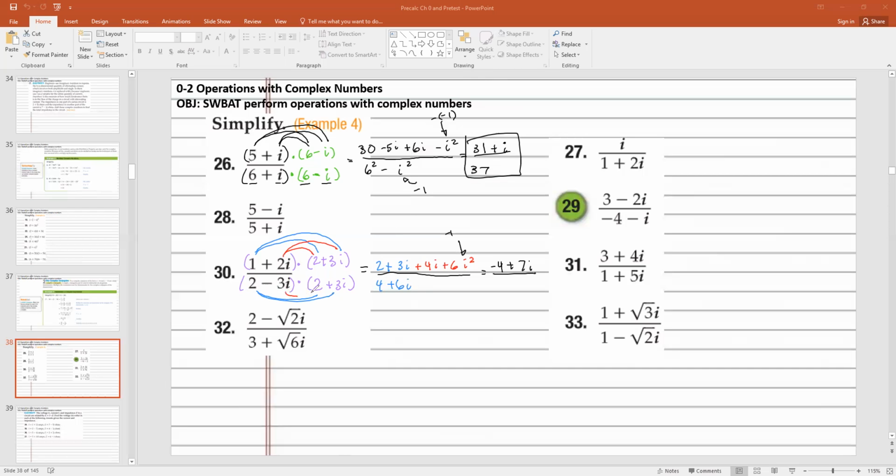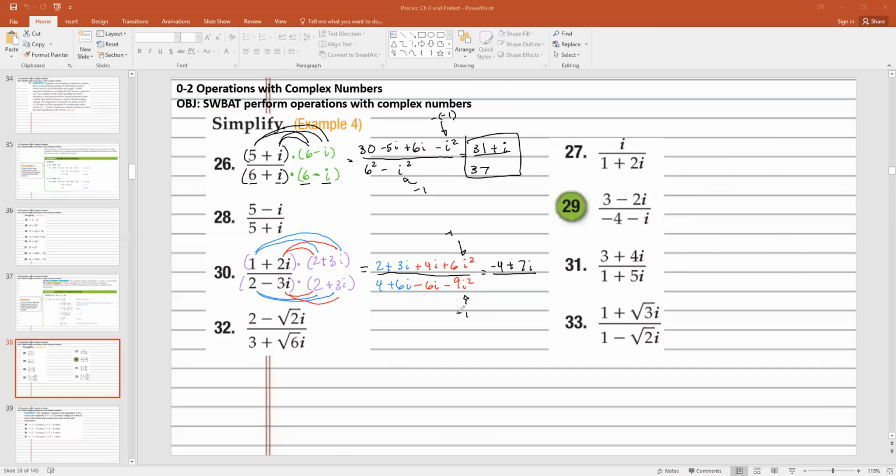Then negative 3i times 2 is negative 6i, which cancels out. And negative 3i times 3i is negative 9i squared. Again, i squared is negative 1.